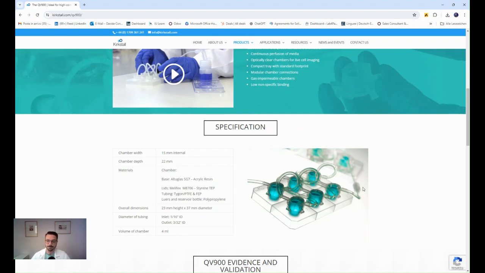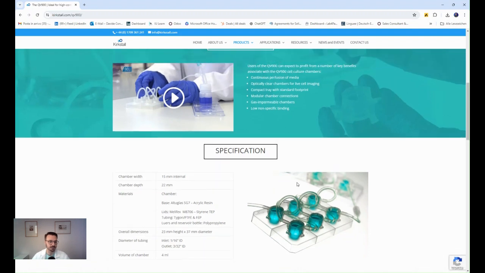Point number 3, the microfluidic design. In this case, these different wells are not really that much customizable. This is one of the things that we have heard already been reported.